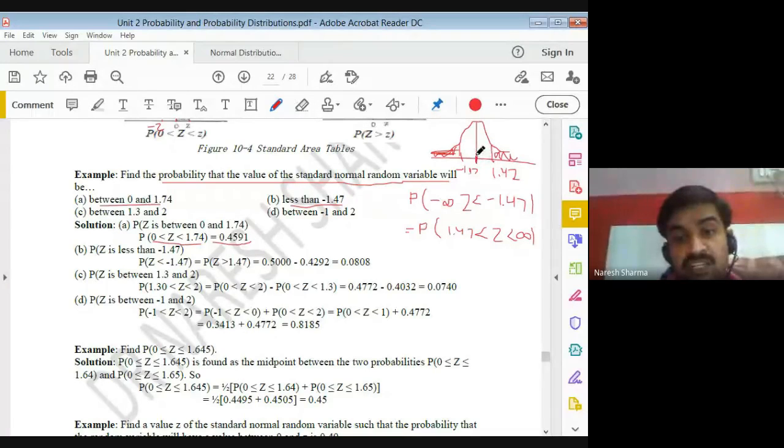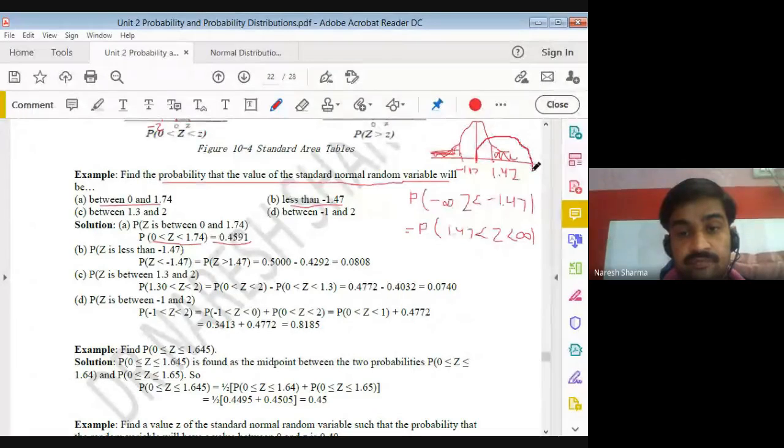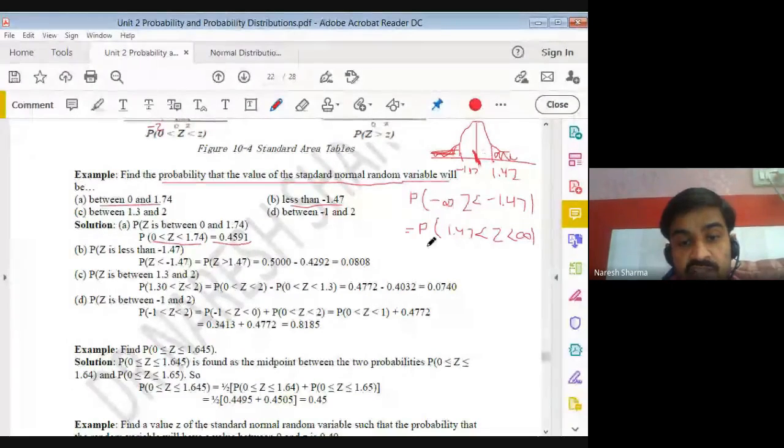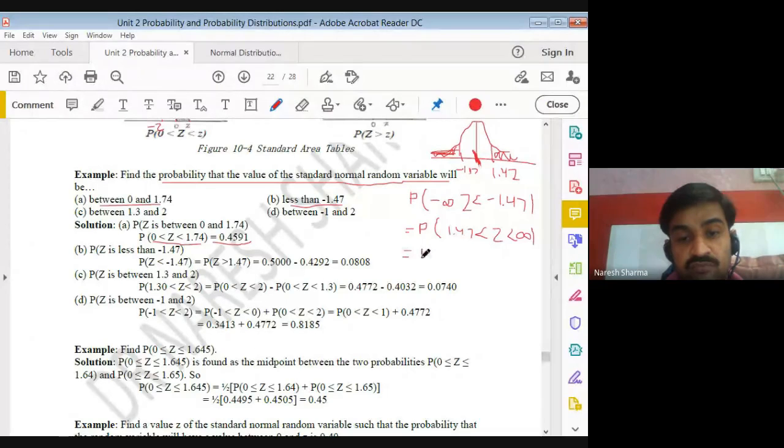So we consider 0 to infinity, and then subtract 0 to 1.47, which gives this part. All calculations should be done from 0, so we can use 0 to infinity, that is, the whole right side.